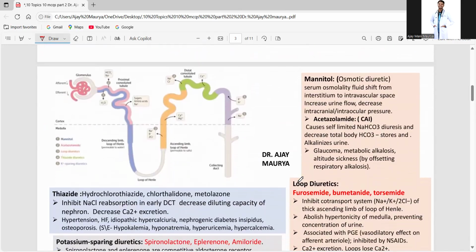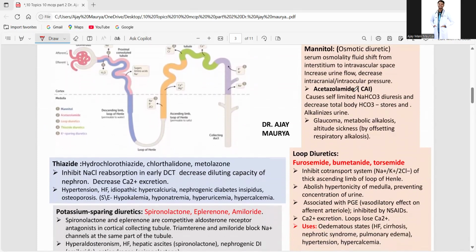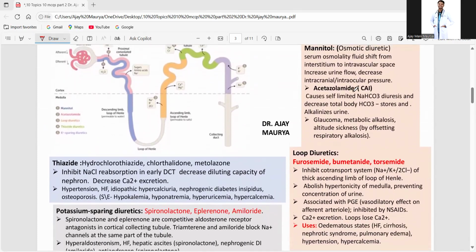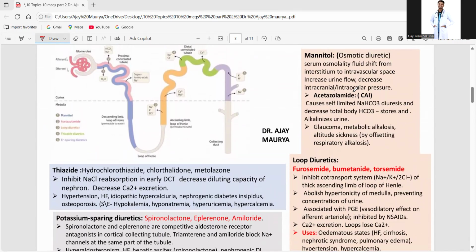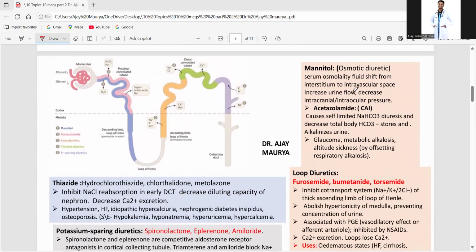Coming to here, guys, how are they going to test us in the examination? This is going to be very simple. They're not going to ask very deeply. First of all, the diuretics.